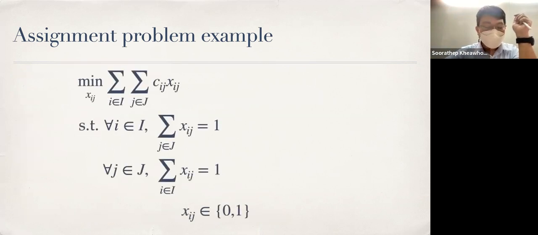Okay, so our optimization problem becomes: minimize, over Xij, the sum over i and the sum over j of Cij Xij.